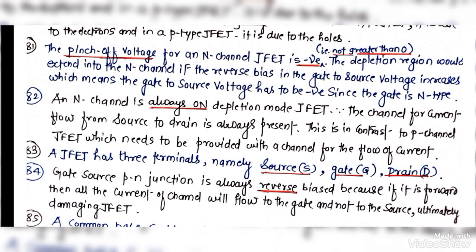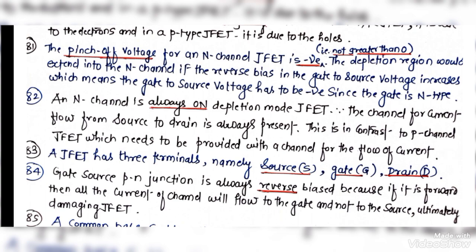The pinch off voltage for an N-channel JFET is negative, that is not greater than 0. The depletion region would extend into the N channel if the reverse bias in the gate to source voltage increases, which means the gate to source voltage has to be negative since the gate is N type.